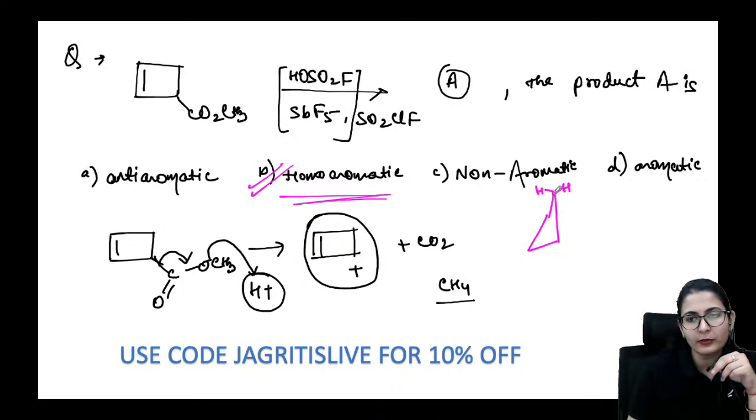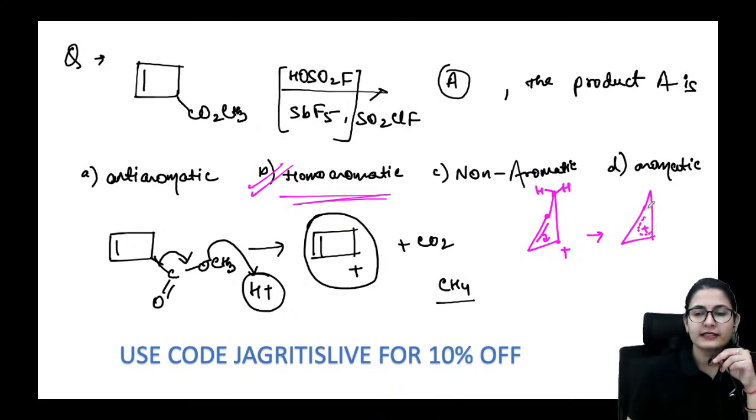It is still a four membered ring only. 1 2 3 and 4, अभी भी four membered ring है, लेकिन एक double bond है और एक positive charge in this way, and it can do delocalization like this. It can do delocalization to a three membered ring system.